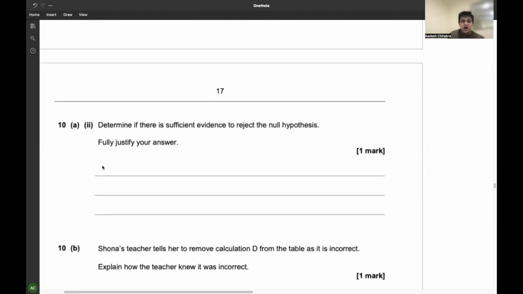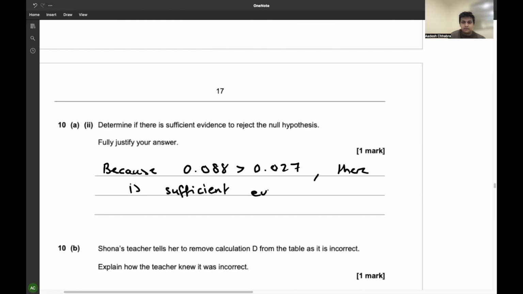So essentially our answer is because 0.088 is greater than 0.027, there is sufficient evidence to reject the null hypothesis.